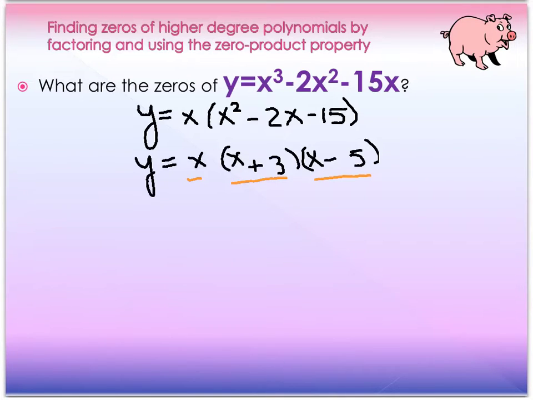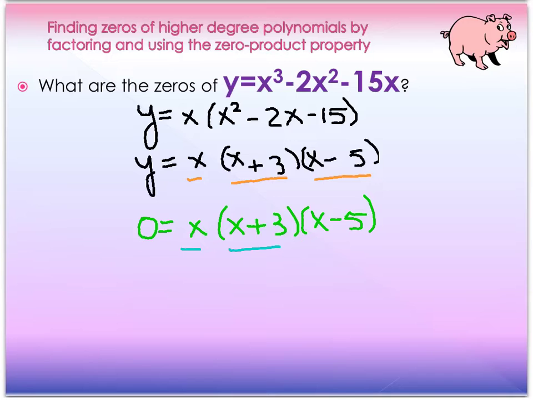Now remember, to find the zeros, I'm looking for the values of x that make y equal to 0. So I'm going to set y equal to 0, and I want the values of x that are making y equal 0. Now this is exactly how we solved the quadratics before, except for now we have this extra term. So we're going to set each factor equal to 0. So I have x equal to 0.